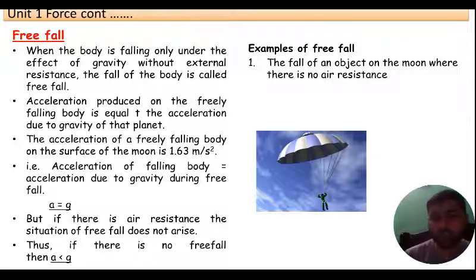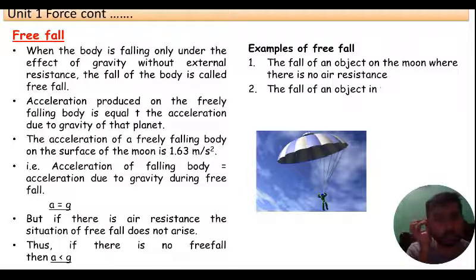Every object falls with the same acceleration as the acceleration due to gravity of the moon.